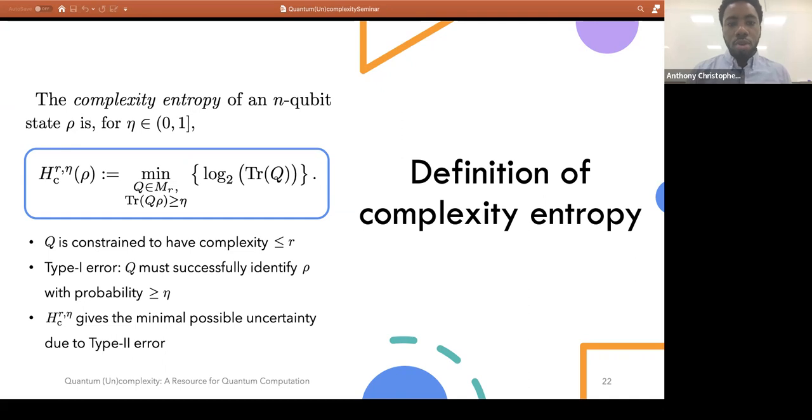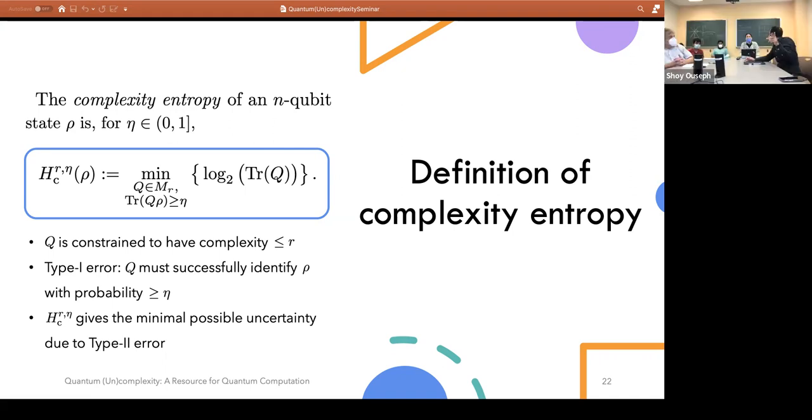And if you put a minus sign and bring it inside, you're going to have the logarithm of some 1 over 2 to the some power. So it's very much like a surprisal, and in that sense, you're minimizing that quantity, and that's really the type 2 error that you get.